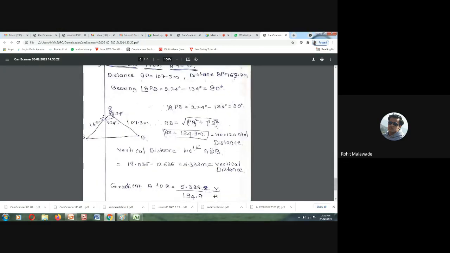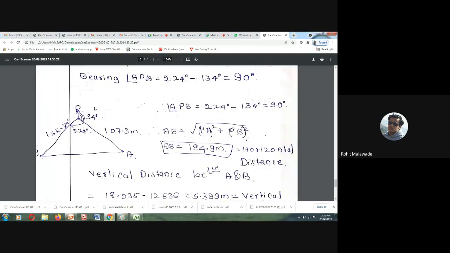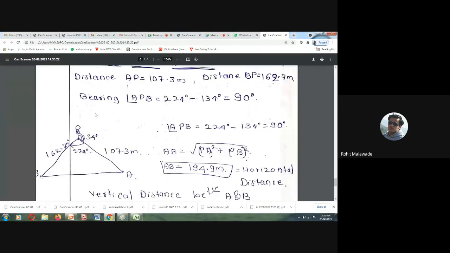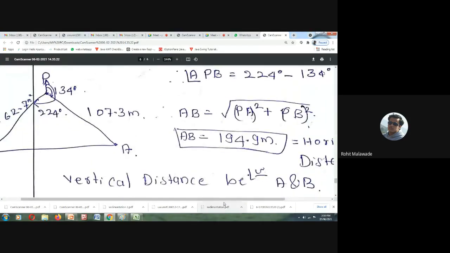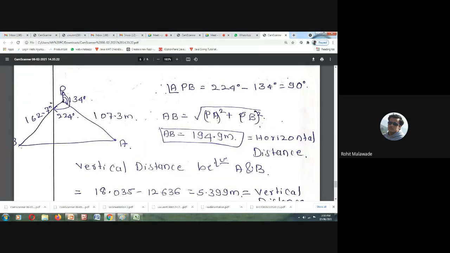So P to A, please look over here. Is it zoomed? Is it clearly visible to you? Yes, sir. Okay. From P to A, it is making an angle of 134 degrees, and the distance between P and A is 107.3 meters.